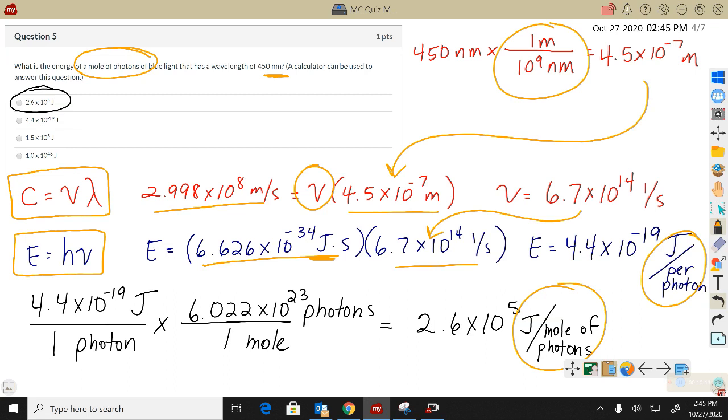Whew, that's a lot of work, huh? For a free response, you want a calculator for this, and it takes a couple steps. So obviously we want to be able to show our work in a free response question. If by chance you had a brain fart and got the wrong frequency, but did everything else right, we can award you partial credit. Or maybe you forgot to switch the nanometers to meters, but you did everything else right.